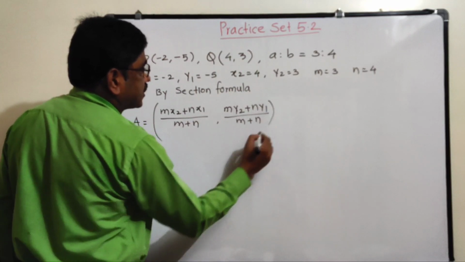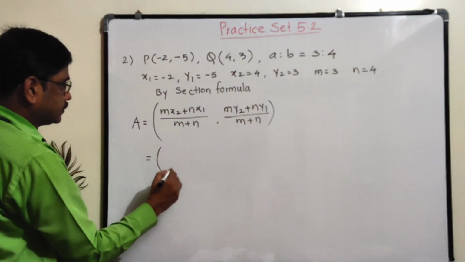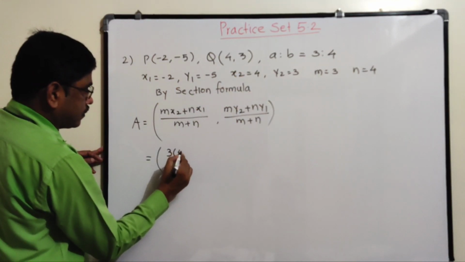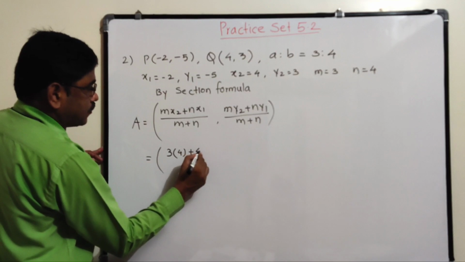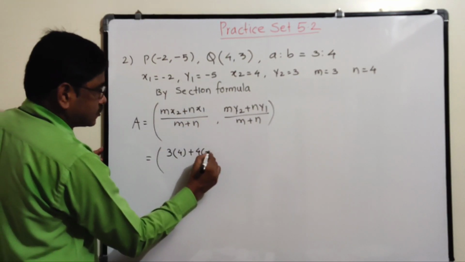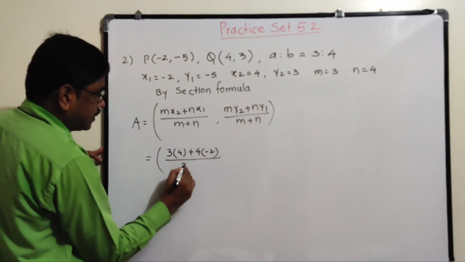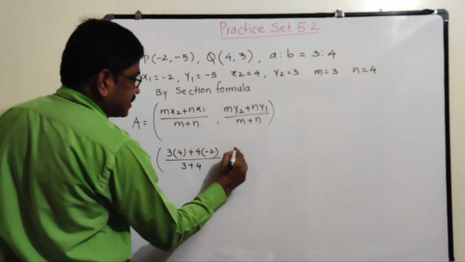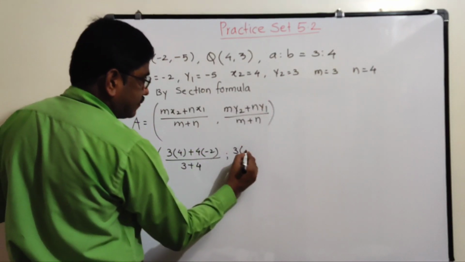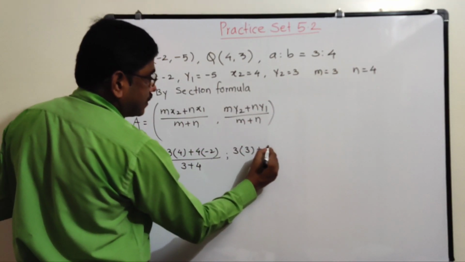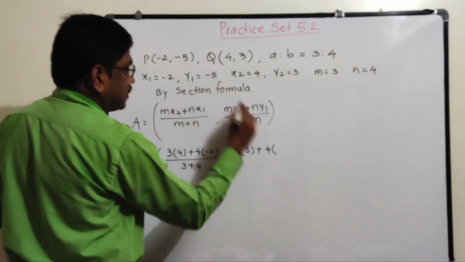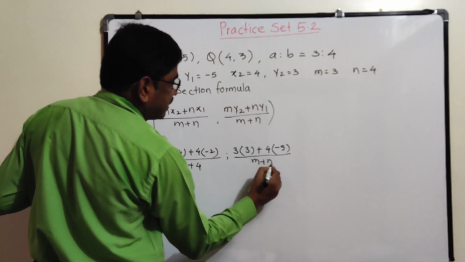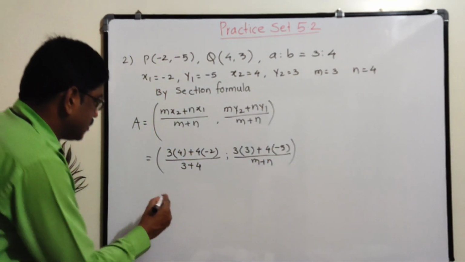Now substitute the values. m means 3 into bracket x2 means 4, plus n means 4 into bracket x1 is -2, divided by 3 plus 4, m plus n. Second, m is 3 into bracket y2 means 3, plus n 4 into bracket y1 -5, divided by m plus n, bracket complete. Now simplify.